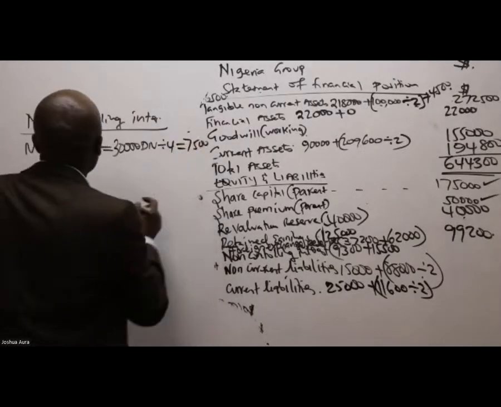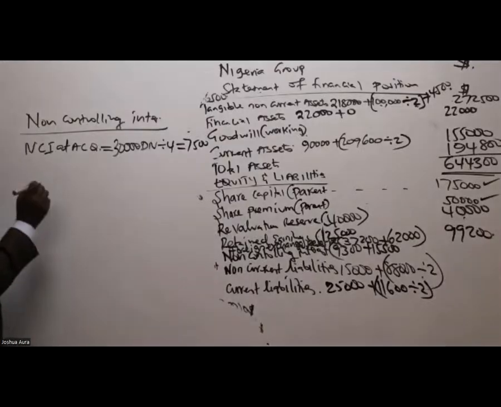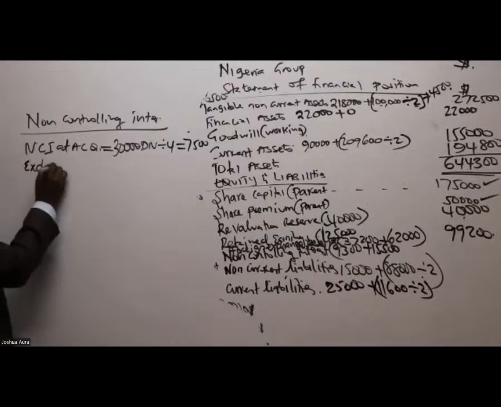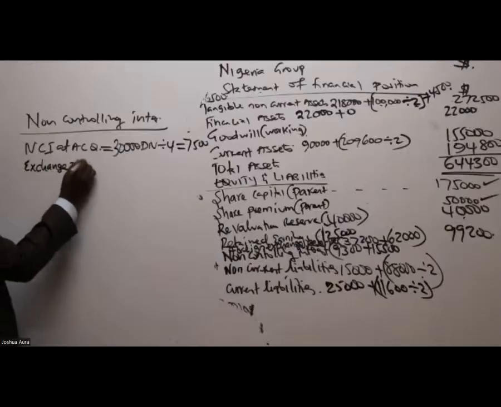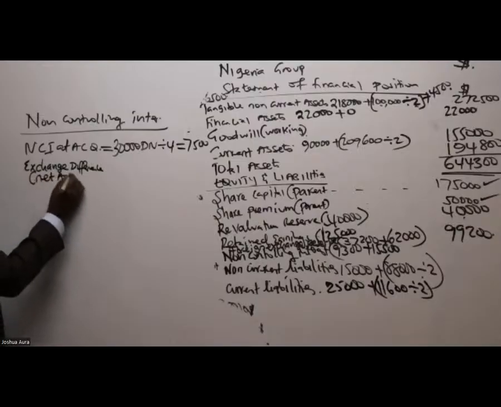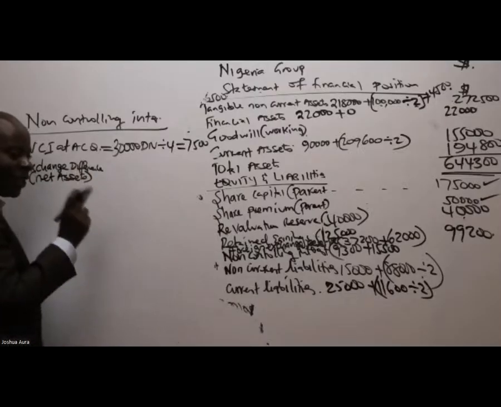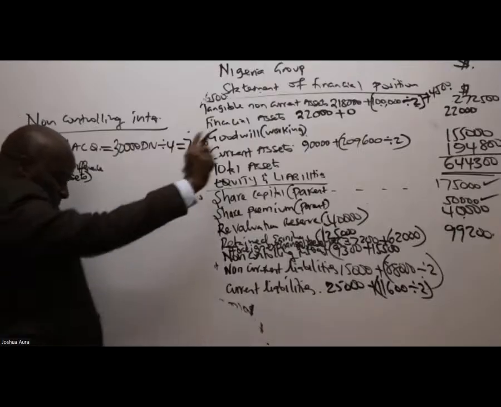Now, we gave these guys something from the exchange difference as regards changes in net assets. Can somebody remember what we gave them? When we had a group exchange difference, we apportioned it to the parent and NCI.